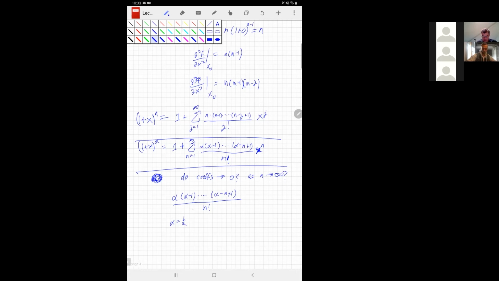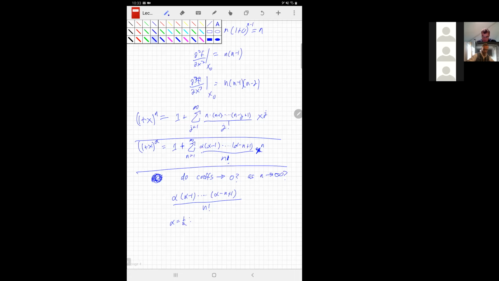And that's important, because the numerator is going to quickly start growing, all right? That numerator will start to grow. And the fact that it starts to grow is important because the denominator is also growing.